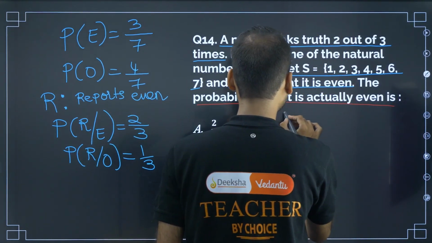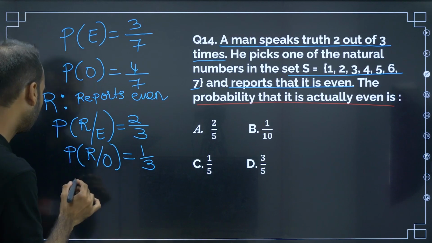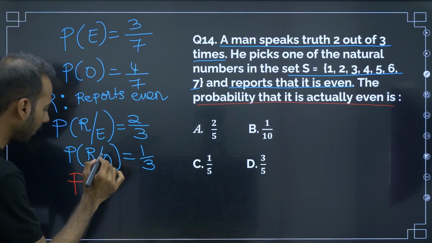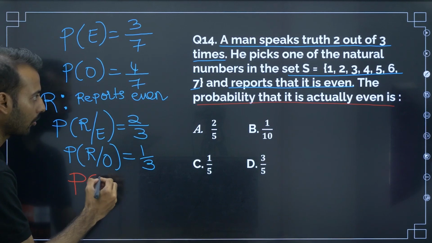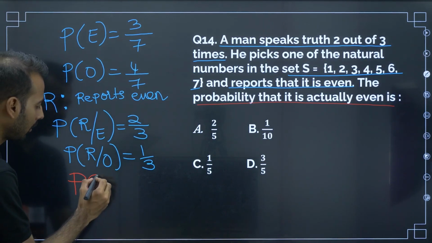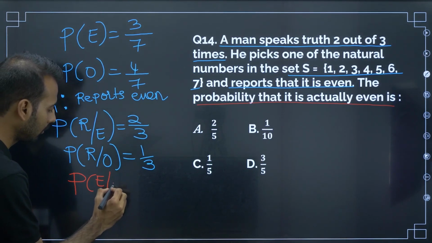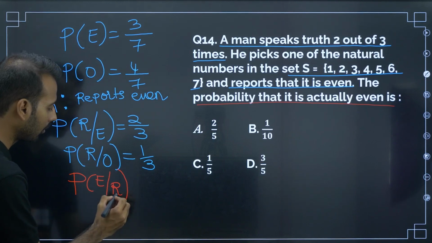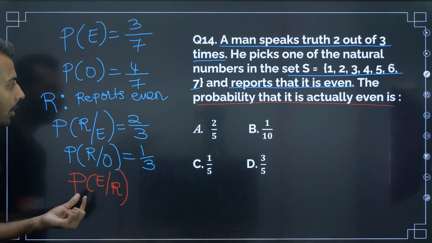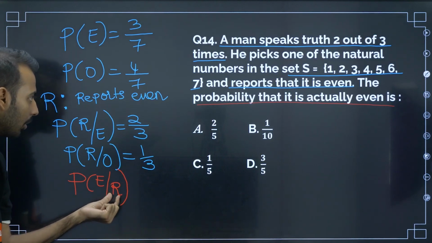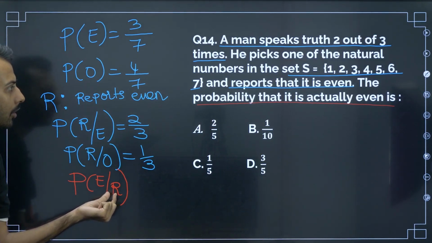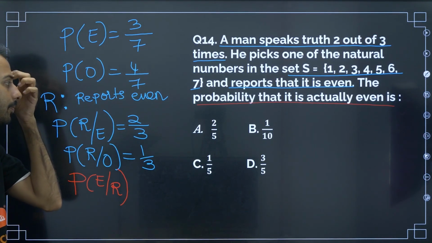Now what is the question? The question is the probability that it is actually even, given that it reports even.